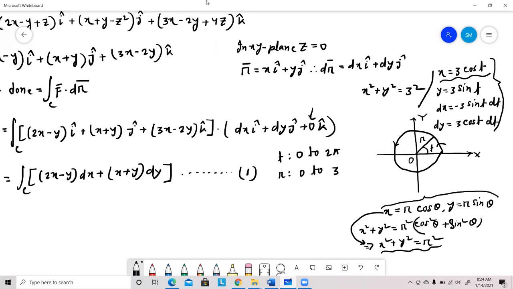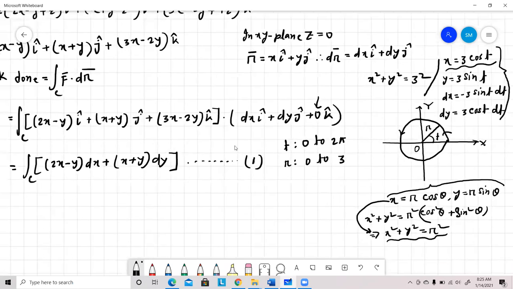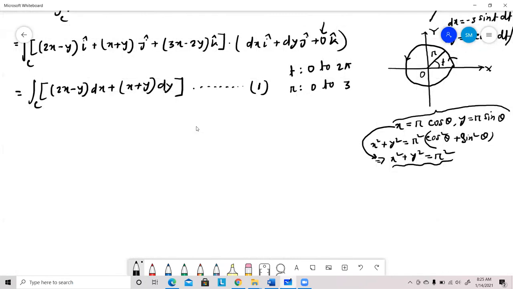Now, if I at first put this information in equation 1, what will the parameter be here? Whose range will be used for this integration? The range of t will be used, good, 0 to twice pi.